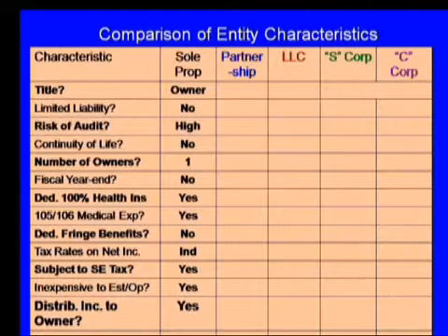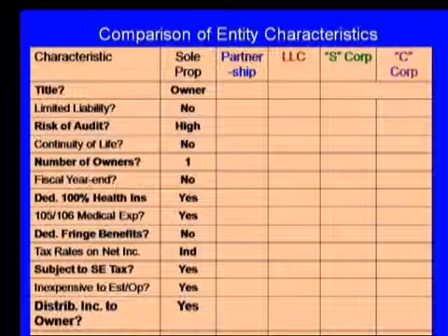As far as audit risk, sole proprietors, self-employed business people that file on a Schedule C, are probably the single highest audit risk that the Internal Revenue Service pursues, mostly because people that are sole proprietors tend to try to cheat more because they have no regulation as compared to partnerships and corporate entities.